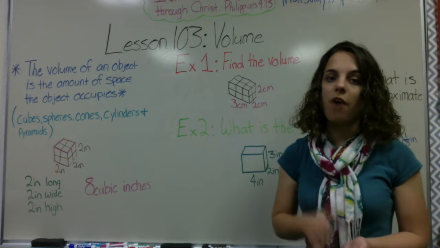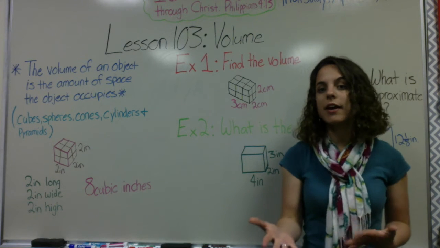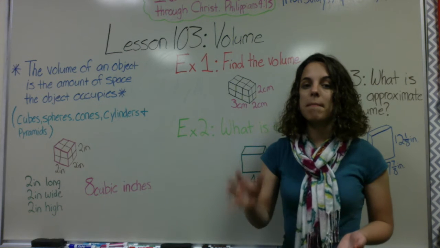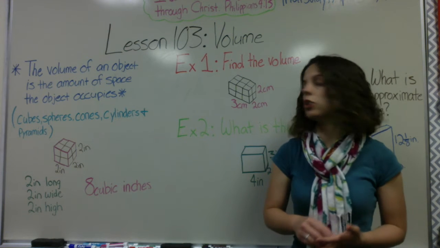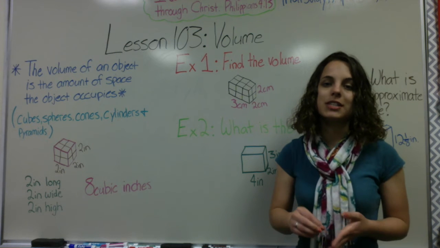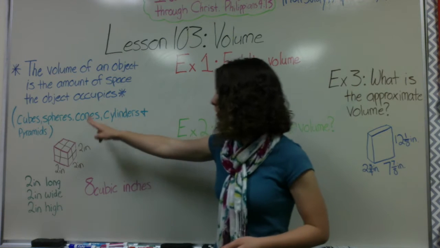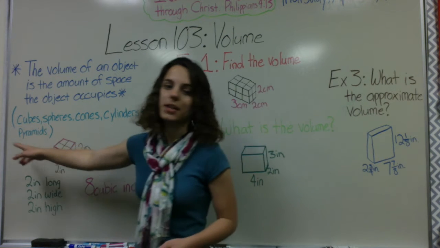Now we have volume, and the volume is different because it's similar to area, except for the fact you're finding the amount of space that an object occupies or takes up, and it's always going to be a three-dimensional figure, such as cubes, spheres, cones, cylinders, and pyramids.